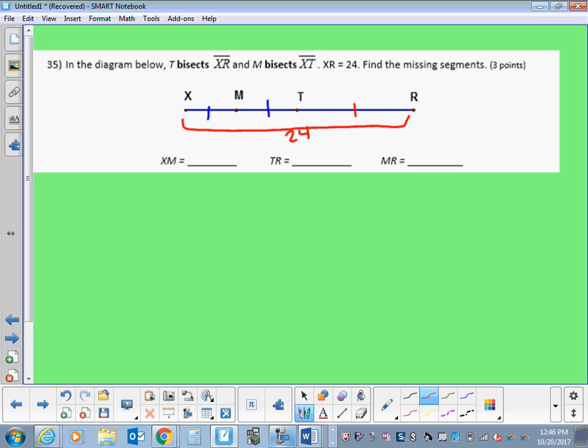So if the whole thing is 24, what's half of 24? This is 12, so that means this whole thing is 12. But it's in two different segments. So what is this little piece of XM? This is 6, so MT is 6. So let's fill in what we know. What's XT? What is TR? 12. What is MR? 18.